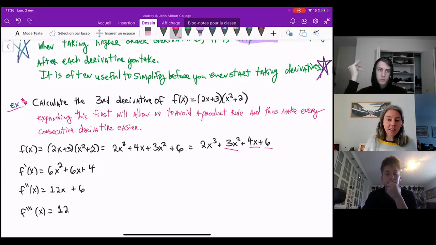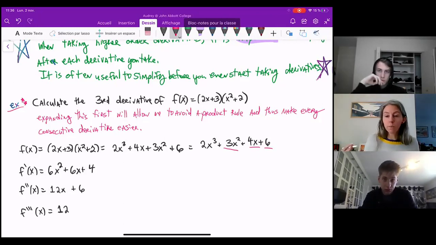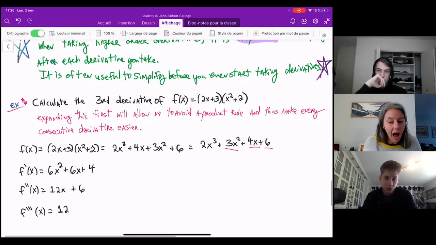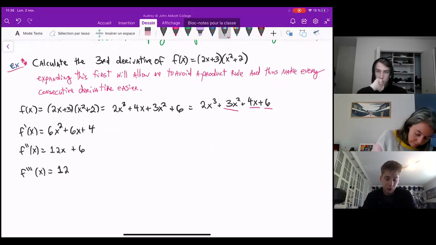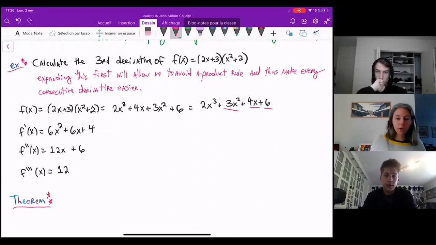So what we can see is that we can use the power of a polynomial to determine at which derivative it will become 0. So we're going to have this as a little theorem here, and it helps us to take high derivatives of polynomials. So our theorem, and we're going to have to learn some vocabulary or remember some vocabulary to understand this theorem.